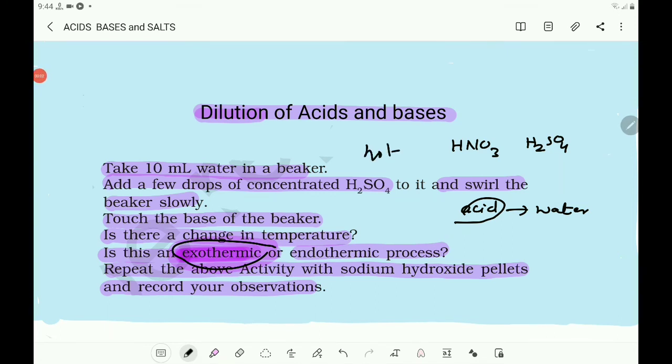The hot contents may also cause an explosion and spill on our clothes and body. This may cut our clothes and also result in serious acid burns. So it is better to add acid to water slowly with continuous stirring.